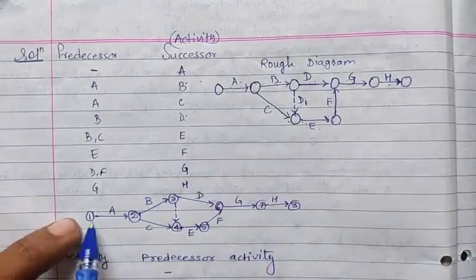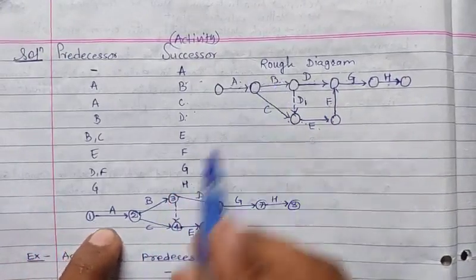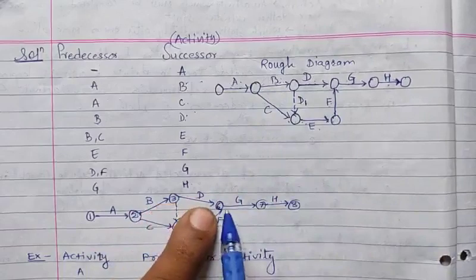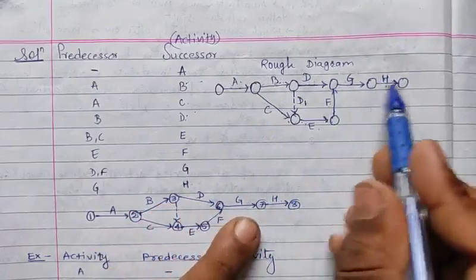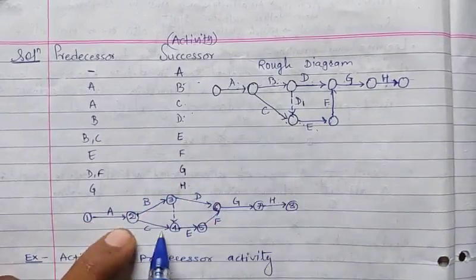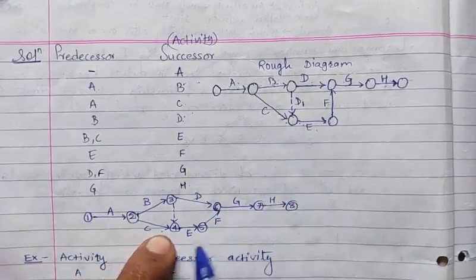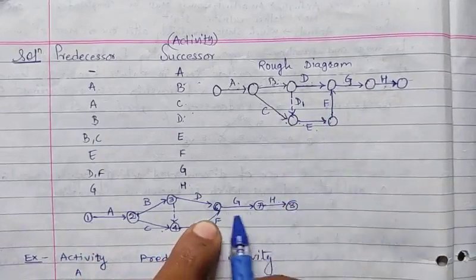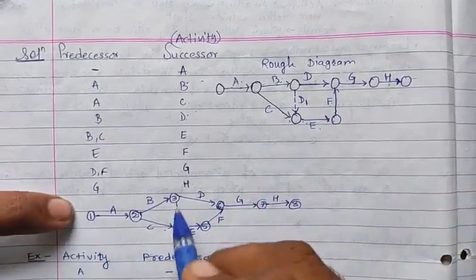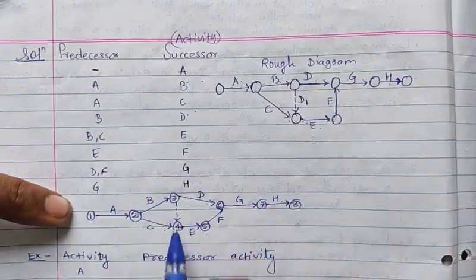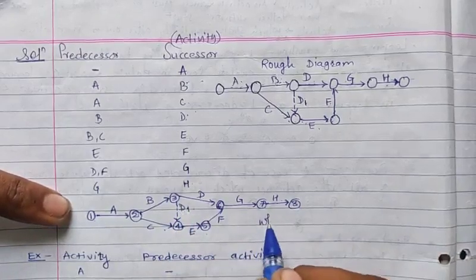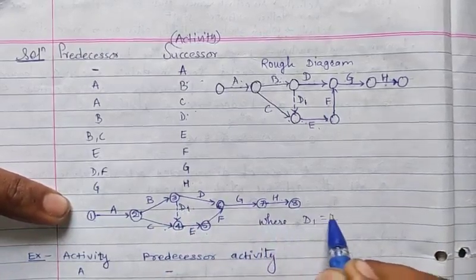Here first A goes to B. Next B goes to D, D goes to G, G goes to H. And here A goes to C. Next C goes to E, E goes to F, and G goes to H. And here is the dummy activity. So B goes to E, which is the dummy activity, called D1.